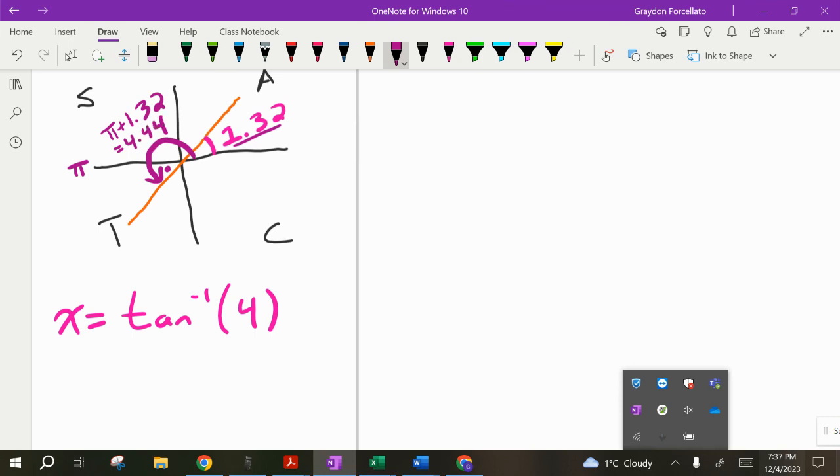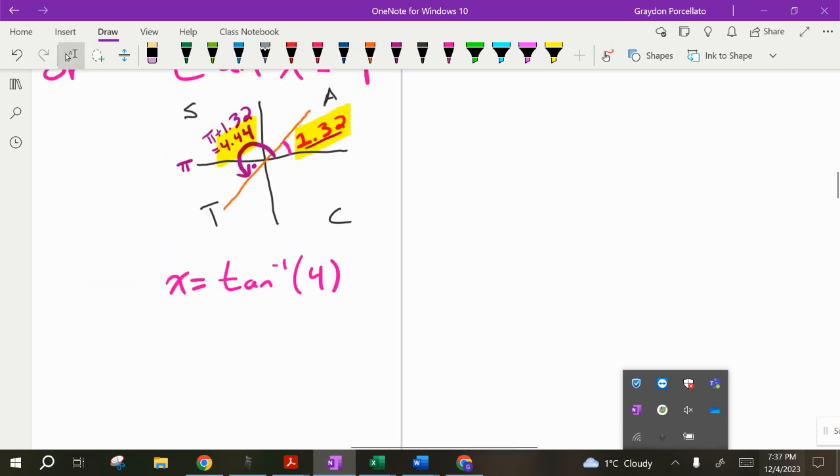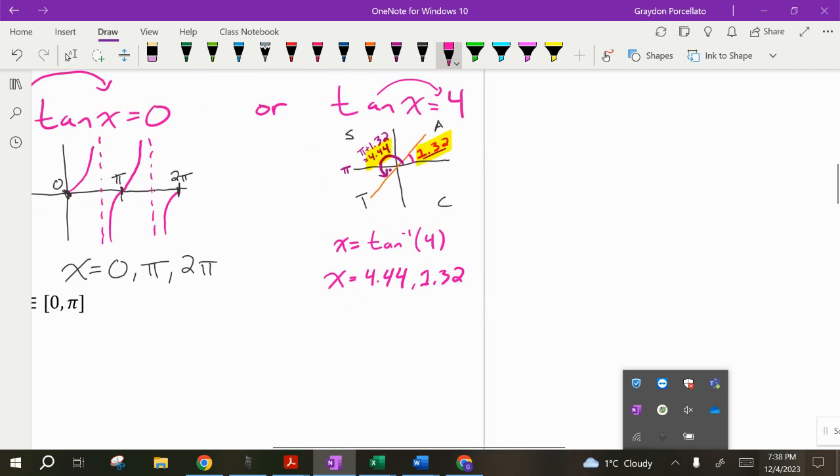Okay, so those are my two other solutions, 1.32 and 4.44. Because there are going to be some approximations, your rounding is going to make a difference in these questions. I will accept a range of answers here. So either x is equal to 4.44 or 1.32.